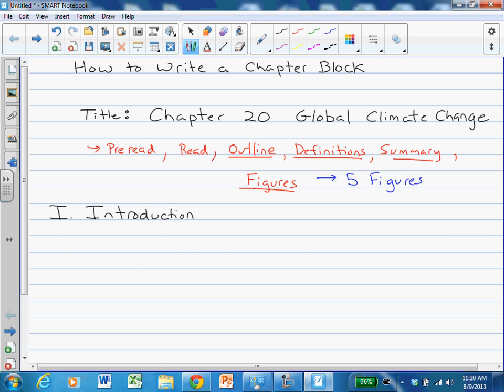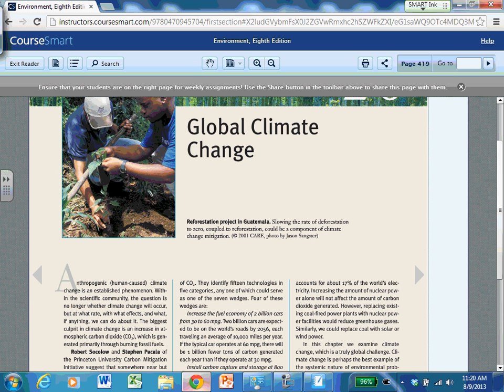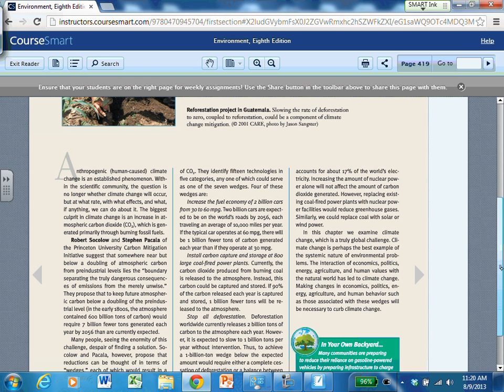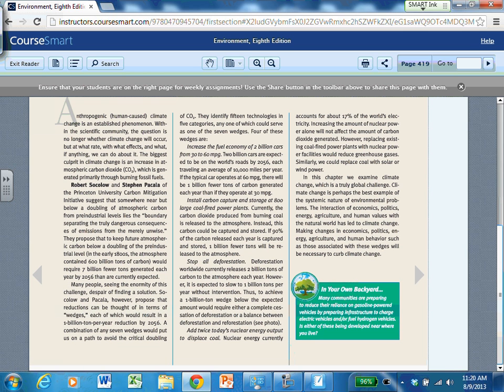There was a definition in there called a wedge, so we could see that definition with wedges. So I decided to put that in as a definition right there.